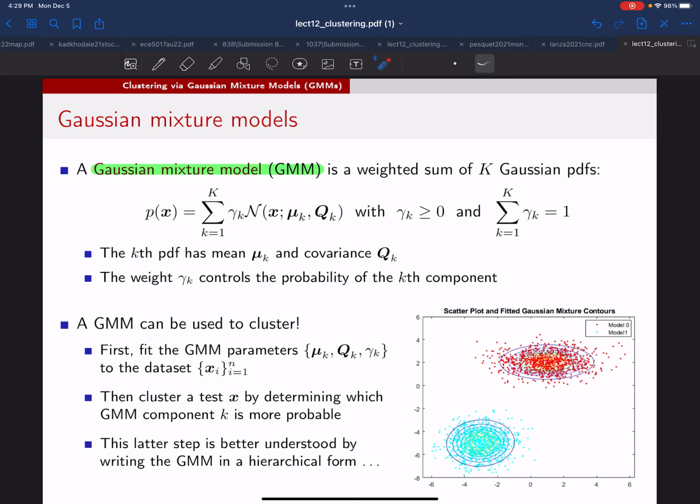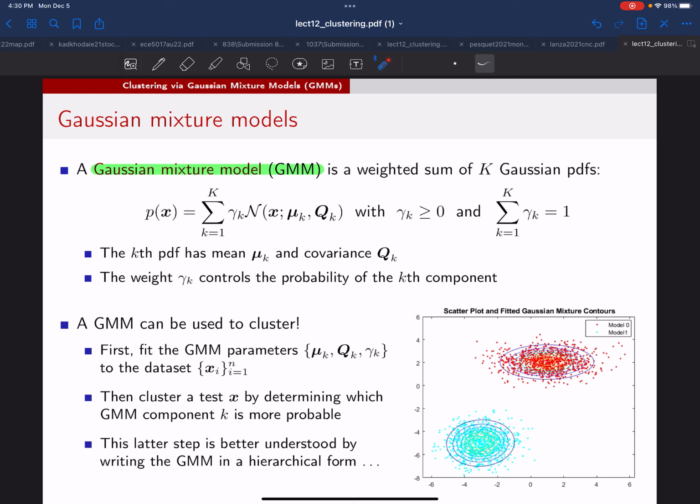Now let's assume that we've figured out what our parameters are, so we know our probabilistic model. The next step, to cluster a test sample x, we would just determine which of the Gaussian mixture model components is more probable. For example, if x was over here, then you could evaluate how probable is it to get that sample from this distribution versus that sample from this distribution.